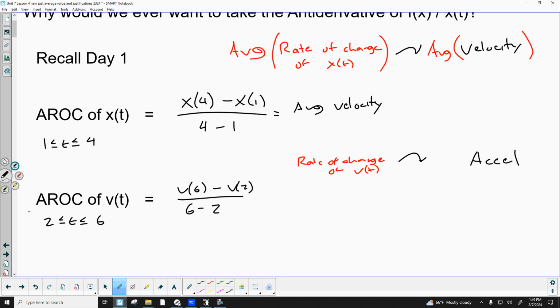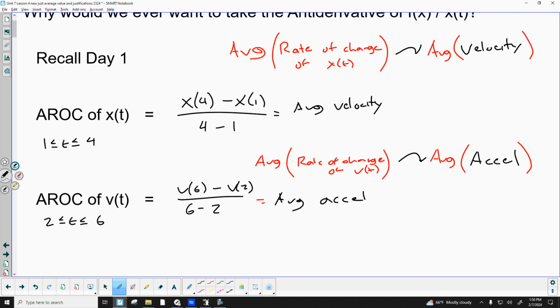Well, if I ask you what is the average rate of change of velocity, you'd say, well, that's the same as the average acceleration because they're the same thing. So this calculation is actually an average acceleration. Okay. Now, that's cool. We've got that set up.